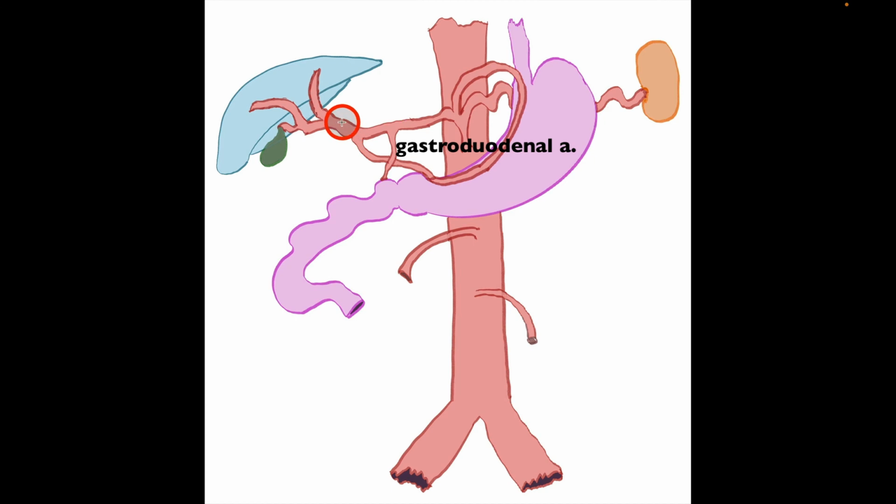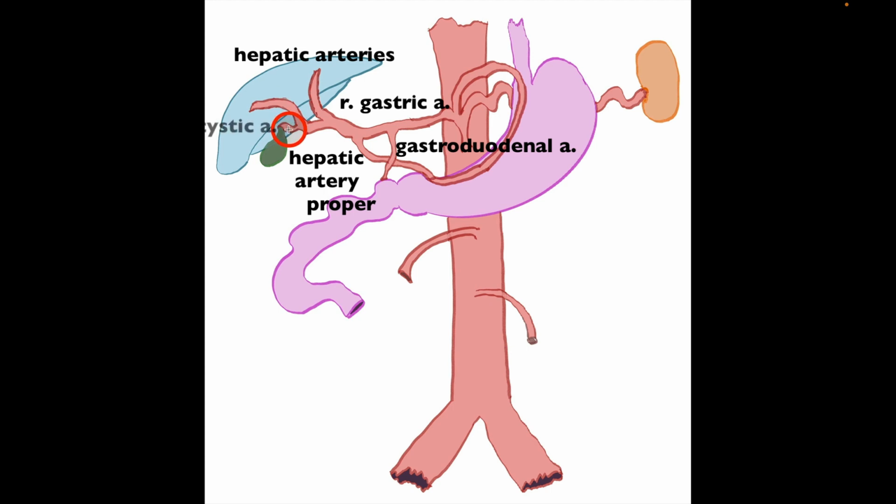And then we move into here, which is the hepatic artery proper, that has the right gastric coming off of it, going to the lesser curvature of the stomach, as we highlighted previously. That hepatic artery proper is going to split off into the left hepatic artery, the right hepatic artery, and the cystic artery going to the gallbladder.